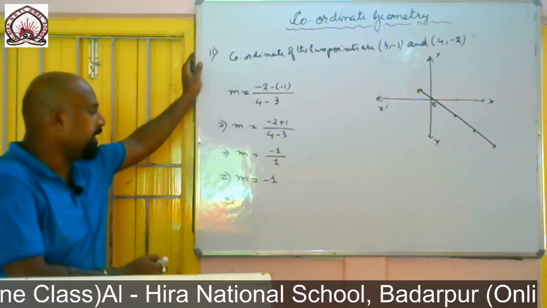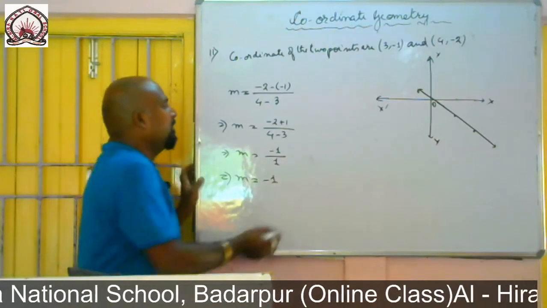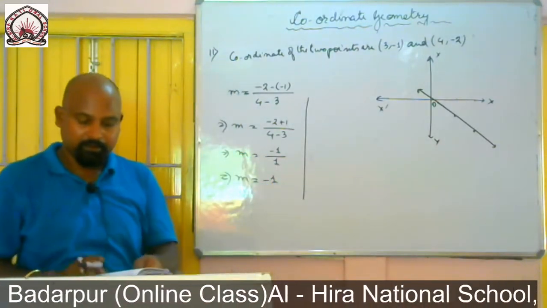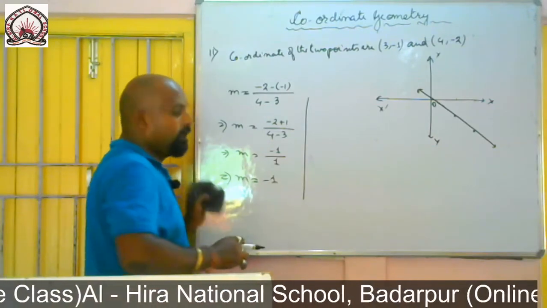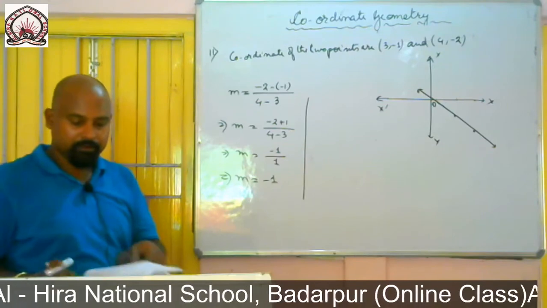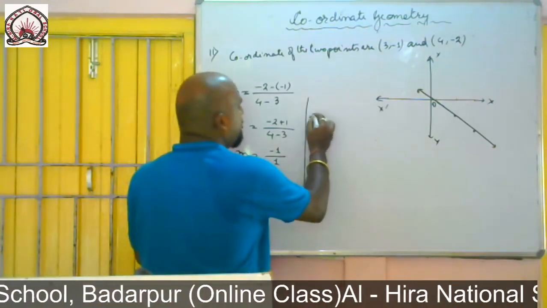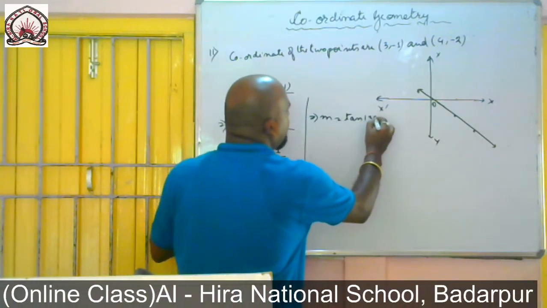So what we have to find? We have to find the angle. Then m equal to minus 1. So what we are getting here? m equal to tan of 135 degrees.